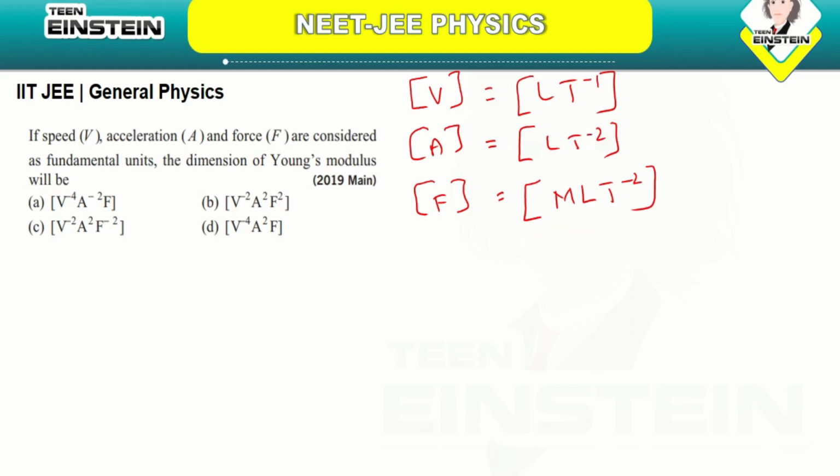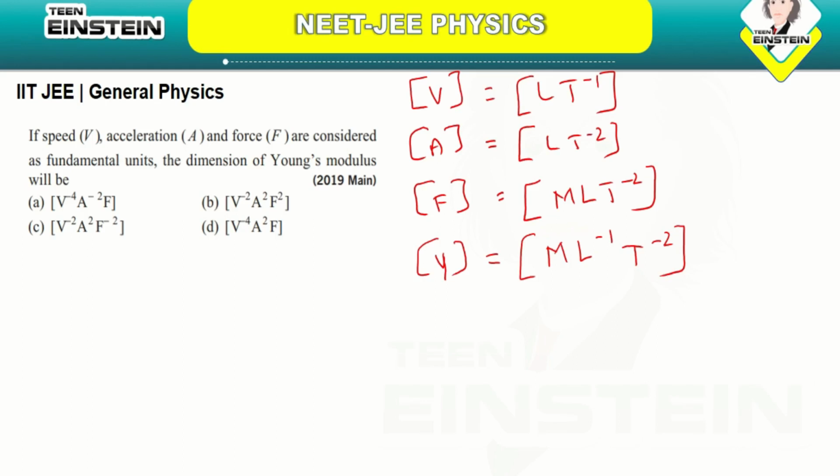Okay. So the dimensions of Young's modulus y is equal to m L minus 1 t power minus 2. So they want the dimensions of Young's modulus in terms of speed, acceleration and force.